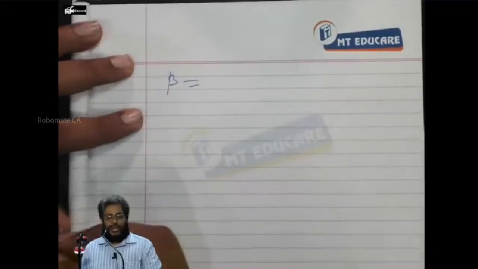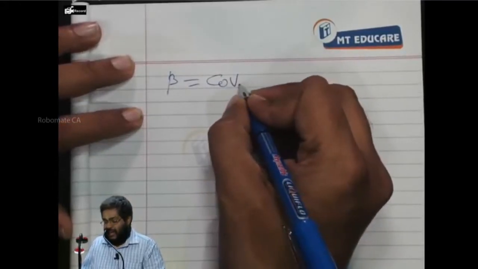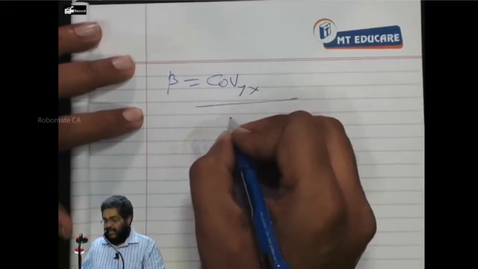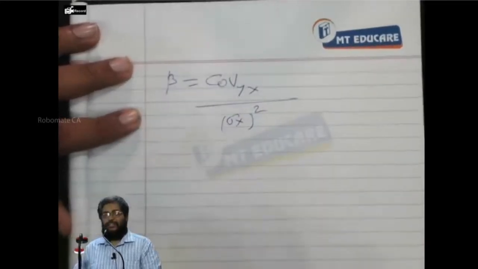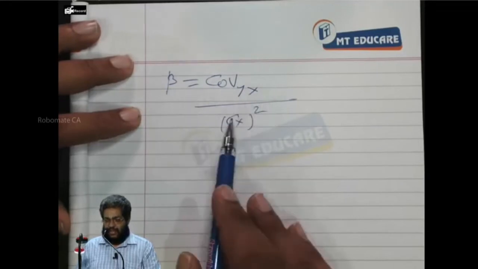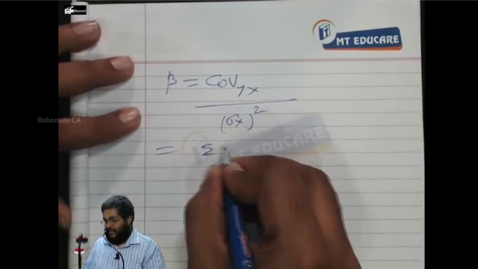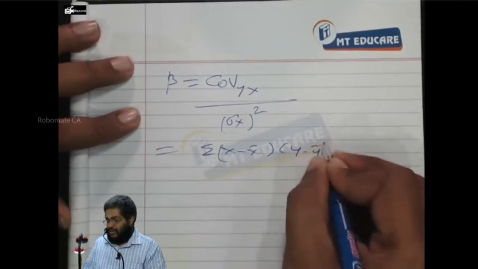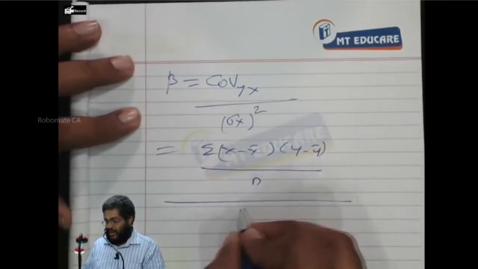Beta is equal to, tell me the formula: covariance of security and market, security is y, market is x, divided by the variance of market, sigma x the whole square. Yes or no? Now, can I simplify it? What is covariance? Sigma of x minus x bar into y minus y bar divided by n. Divided by, what is sigma x the whole square here?